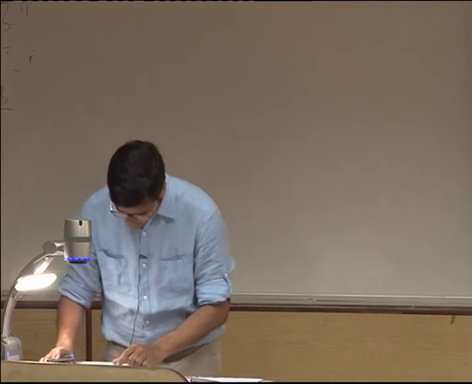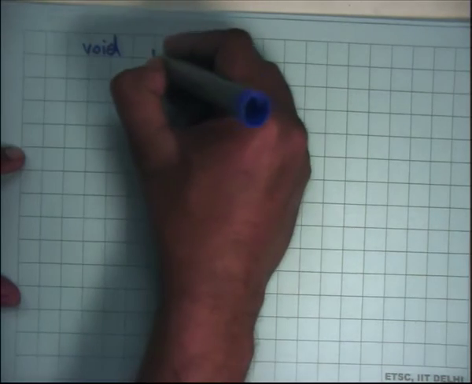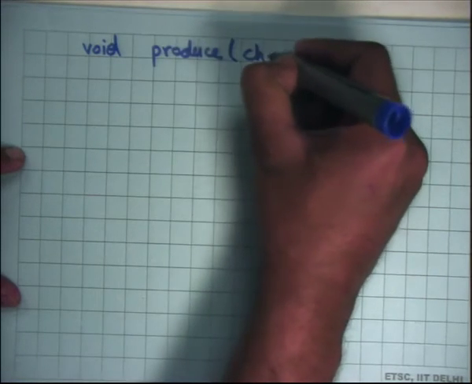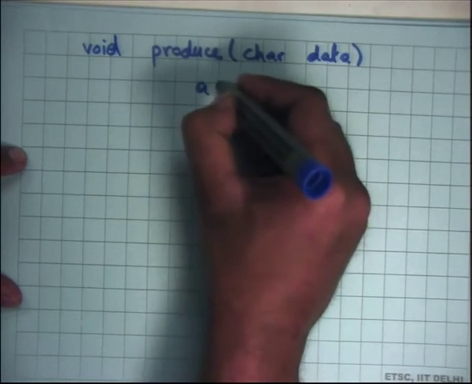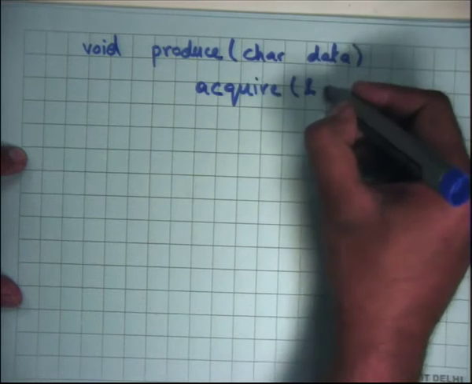So, I am going to say void produce, char data. I am going to say acquire, let us say I have a lock called q lock.